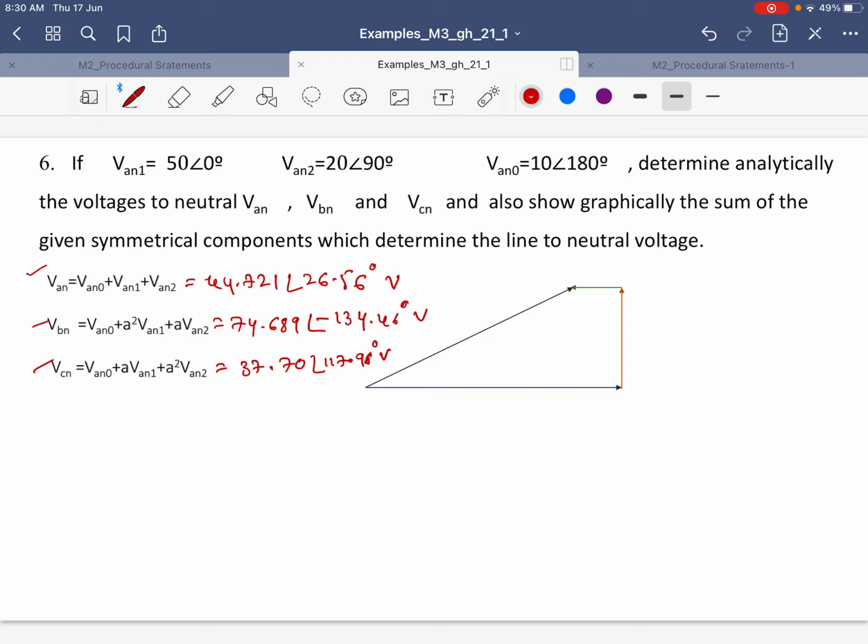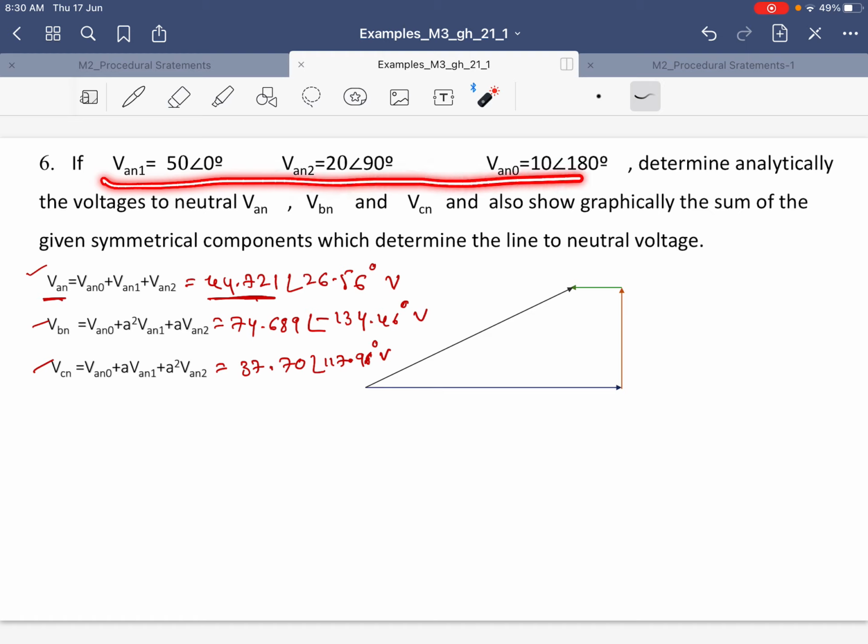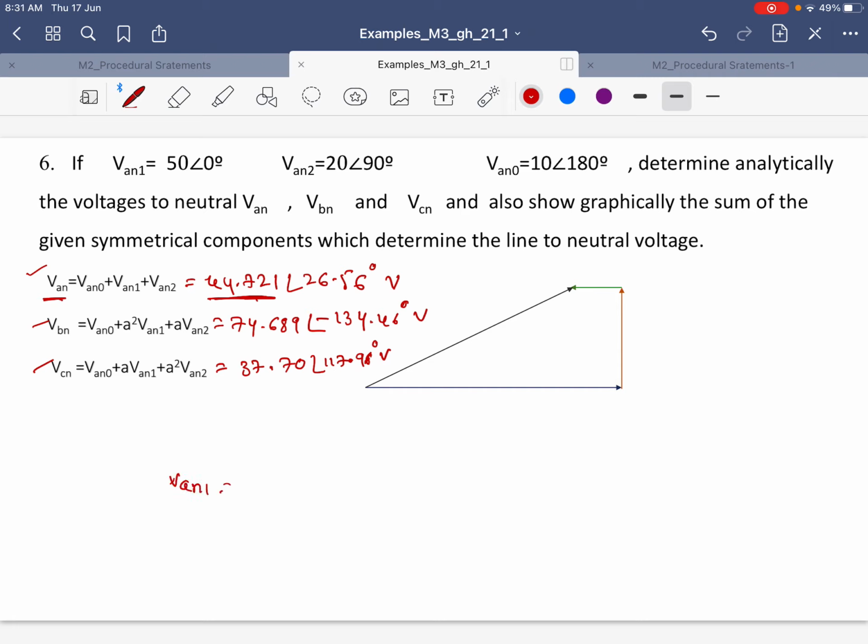Then how do we check these values graphically? I am demonstrating for phase A how to get VA of 44.721 from the symmetrical components. VAN1 is given as 50 at an angle of 0 degrees, therefore you take VAN1 as the reference and choose an appropriate scale.